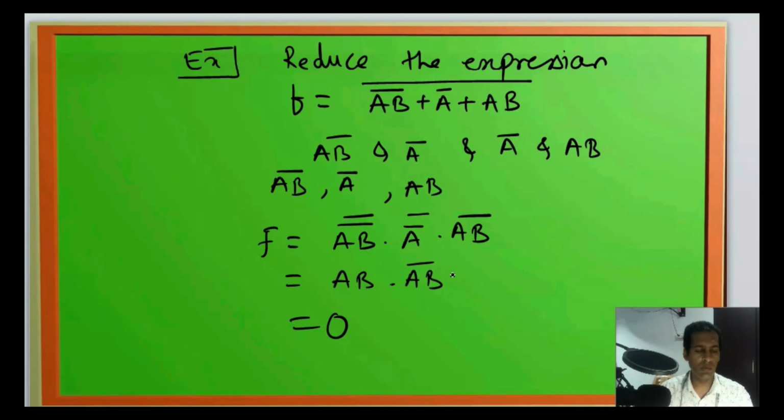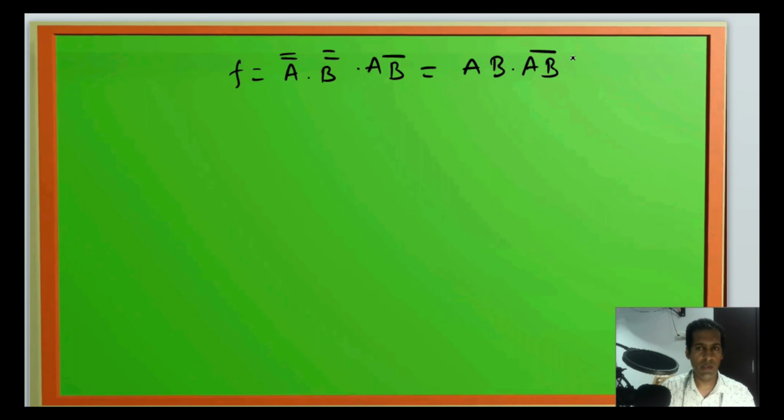Another method is to write the function f equal to A double bar into B double bar into AB bar, so we can write it as AB into AB bar equal to 0. So these are some theorems related to that.